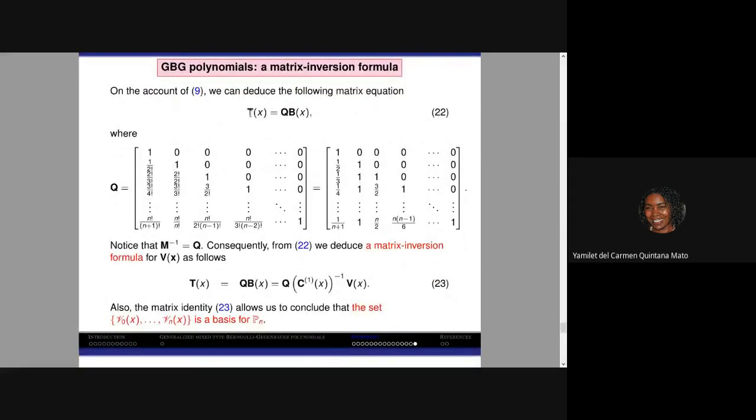We obtain the following matrix equation, where the matrix Q is given by this expression, and consequently we can deduce a matrix representation formula for the matrix containing the information of the GBG polynomials as follows.